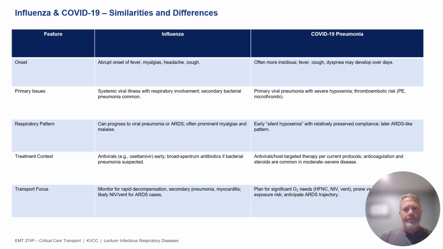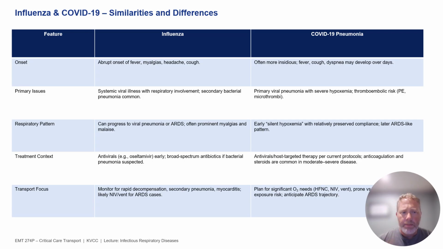But early COVID-19 ARDS often presented with what was called silent hypoxemia. That's patients with very low SpO2 who appeared much less stressed than their numbers would suggest, right before they deteriorated rapidly. This is different from the typical ARDS presentation, where visible distress and work of breathing increase with worsening hypoxemia more slowly over time.